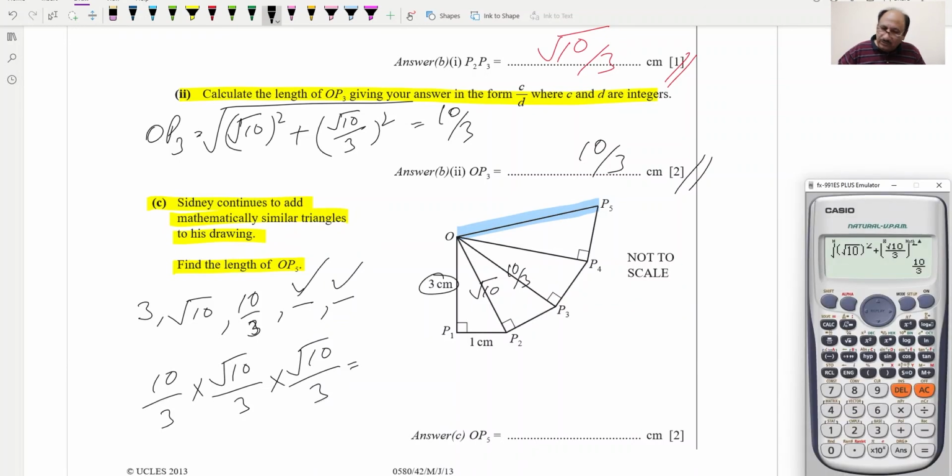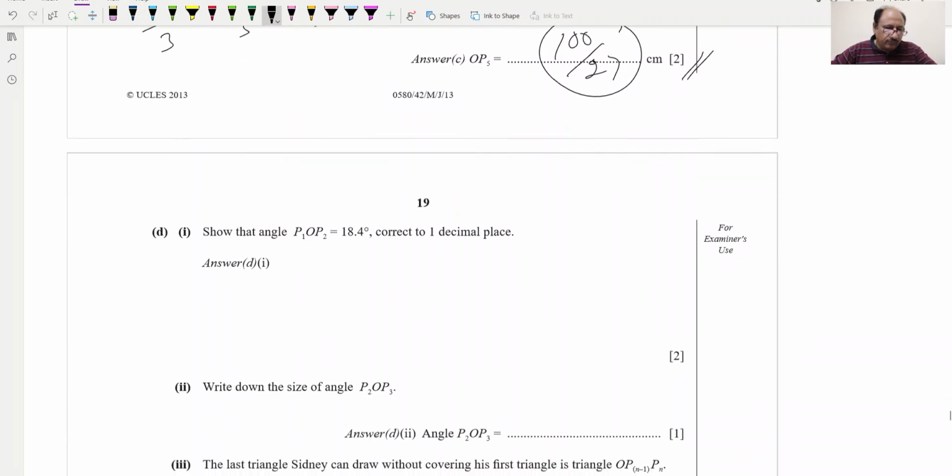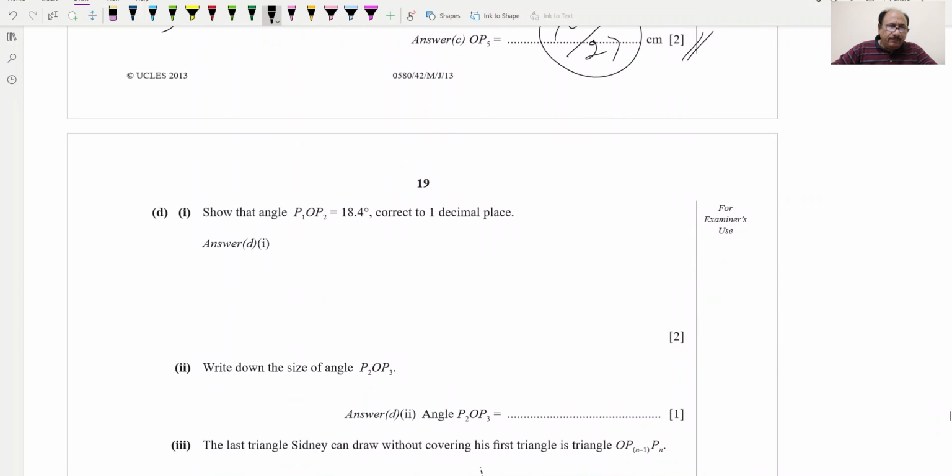So root of 10 over 3 multiplied by root of 10 over 3 again, and this is equal to 100 over 27. This will be the final answer for 2 marks. We are done with this. Hopefully you understood this.